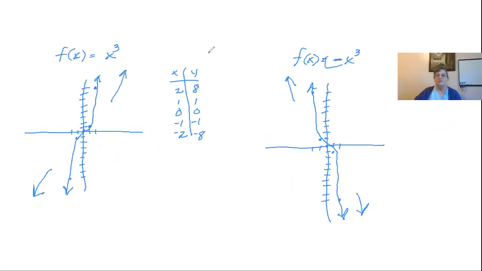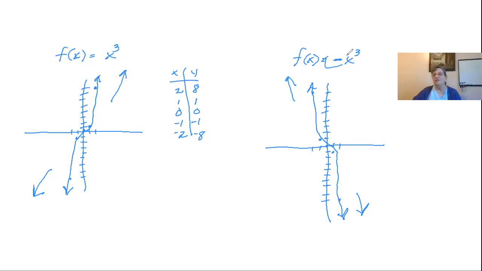If the exponent is odd, if the degree of the polynomial is odd, then as x approaches positive infinity, if the leading term is positive, then y is also going to go into positive infinity. They will go in opposite directions. So if x goes to negative infinity, y will go to negative infinity.